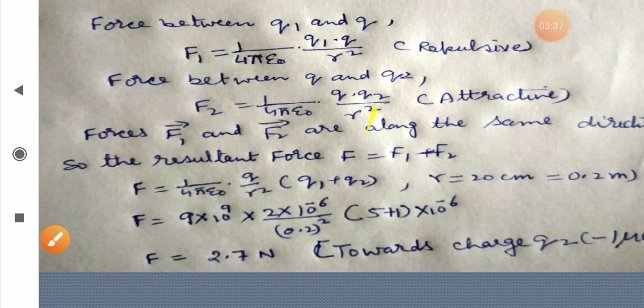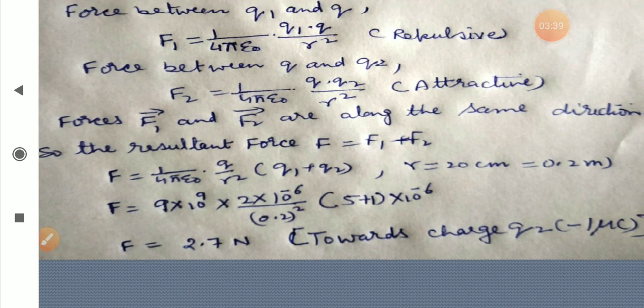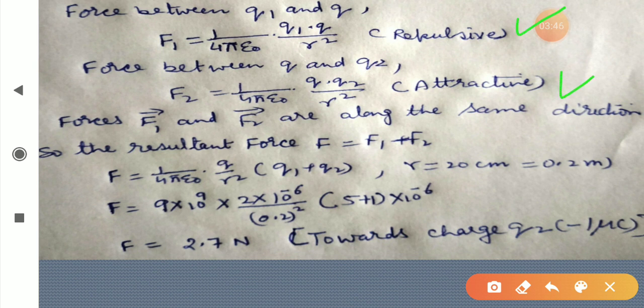Now adding this equation and this equation, I can take 1 upon 4 pi epsilon naught common. Here you can see that Q is present in both the equations, so Q upon R square, Q and R square also, I have taken them common.